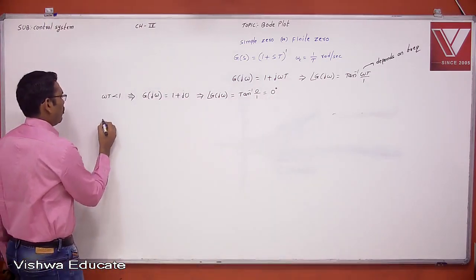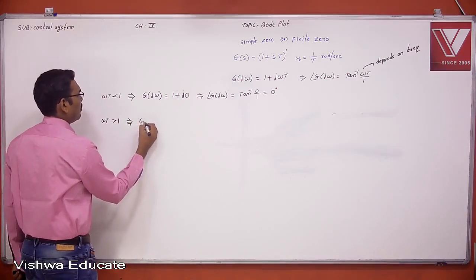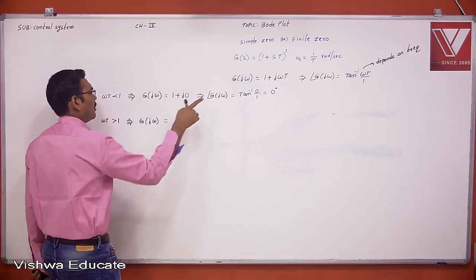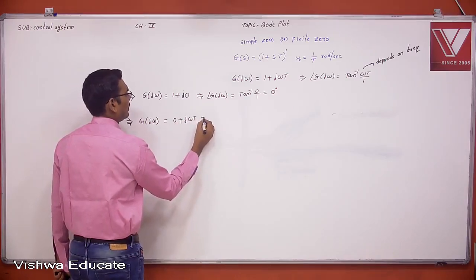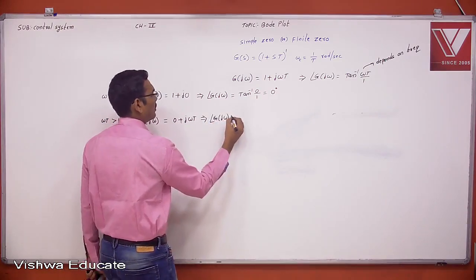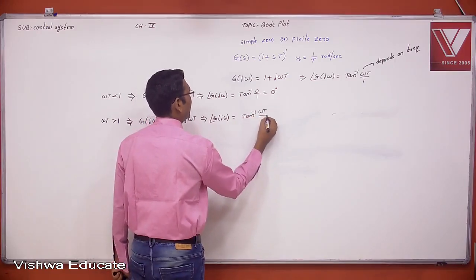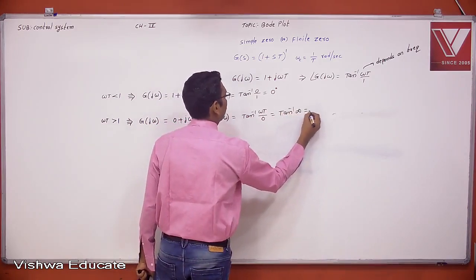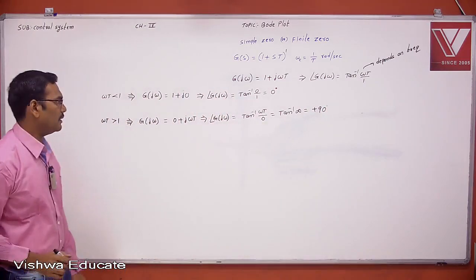Now when omega T is far greater than 1, G of j omega, neglecting 1, is 0 plus j omega T. Then the phase angle is the angle of G of j omega, which is nothing but tan inverse imaginary part by real part, which is tan inverse infinity, which is nothing but plus 90 degrees.